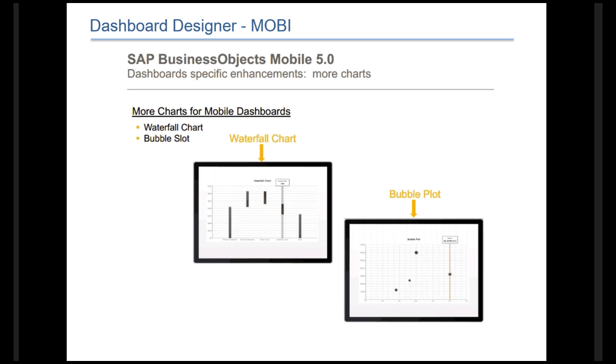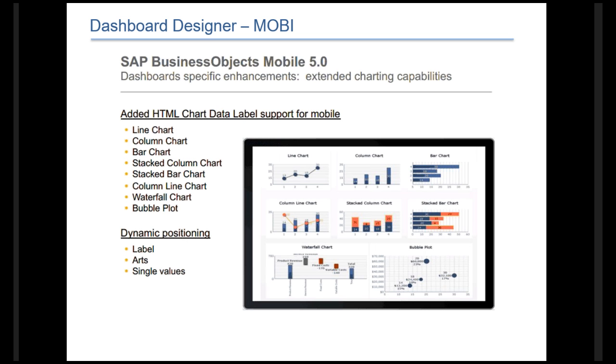Moving on to mobile devices, you can see that these are the waterfall charts and bubble plot charts that are available for Dashboard Designer, and also a number of different capabilities there as well. So labeling is now different as well. Dynamic labeling, labels, axes, single values, a whole number of things can now be dynamically positioned and used inside of your mobile device.